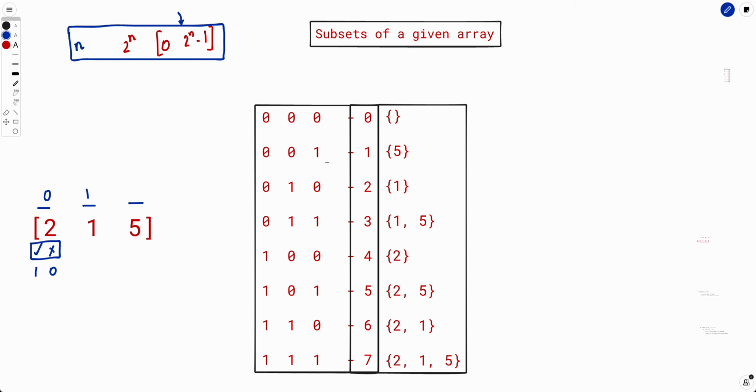Now let's say we have to do it programmatically, right? You have to write code for finding out this column. What exactly will you do? You can simply say, okay, I will do the same thing. I will try to figure out all possible combinations of 3 bits. So I will figure out 0 0 0, 0 0 1, 0 1 0, and so on.